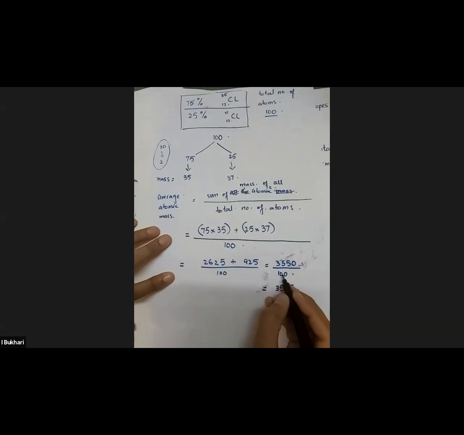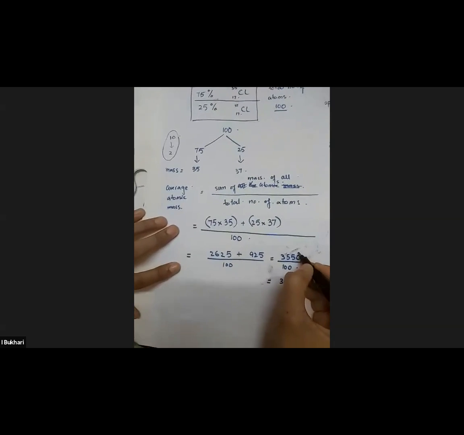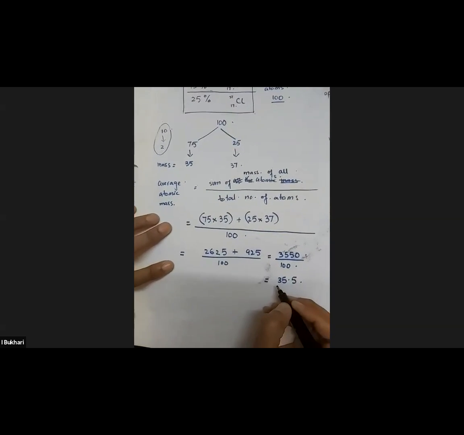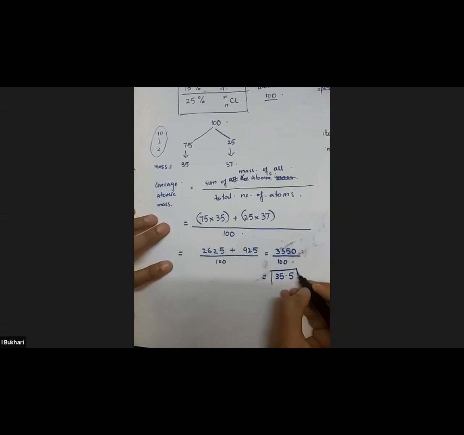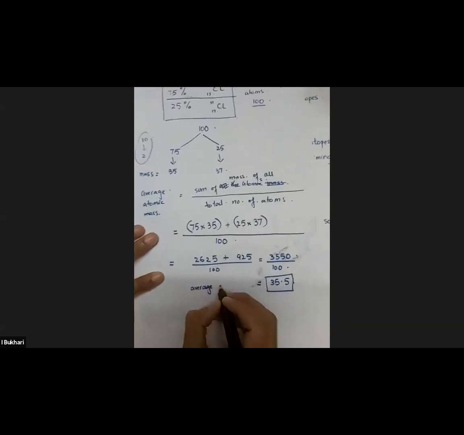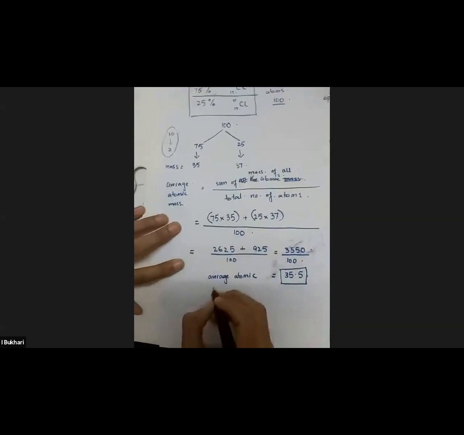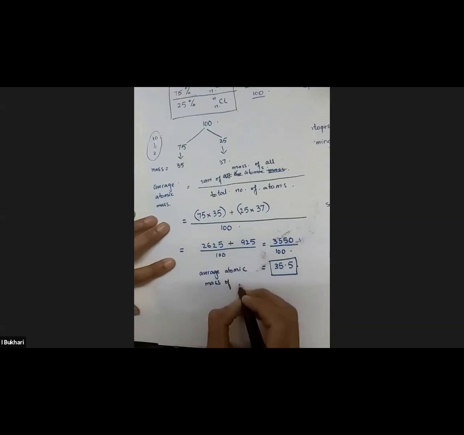Because I have 2 zeros in the denominator, the decimal place would jump 2 places back. And so I will have 35.5 as my average atomic mass for chlorine. Okay, so this is how I got it.